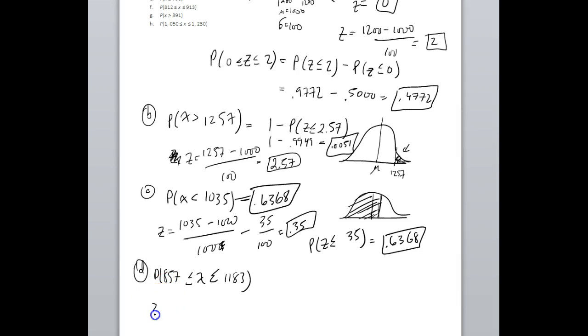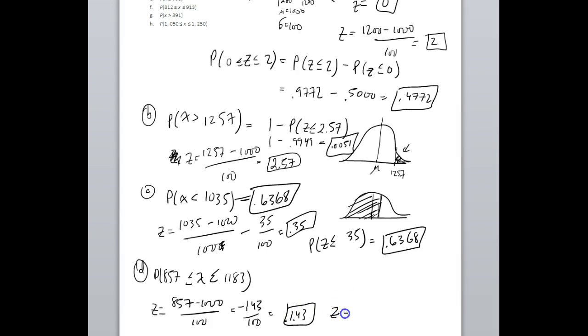So let's first find the z of the 857. That'd be negative 143 over 100, so negative 1.43.